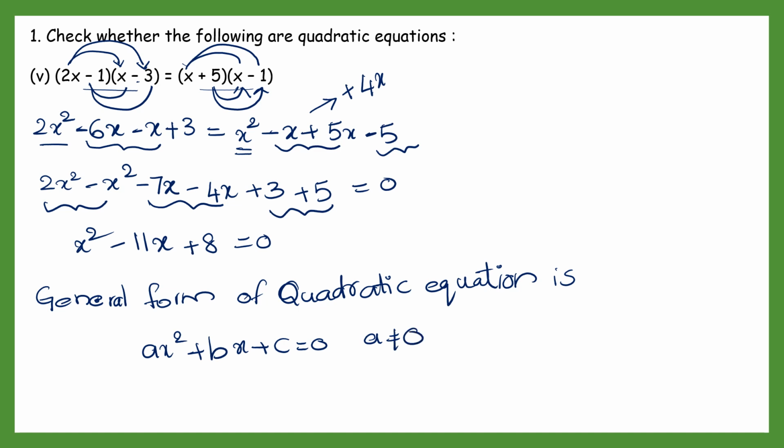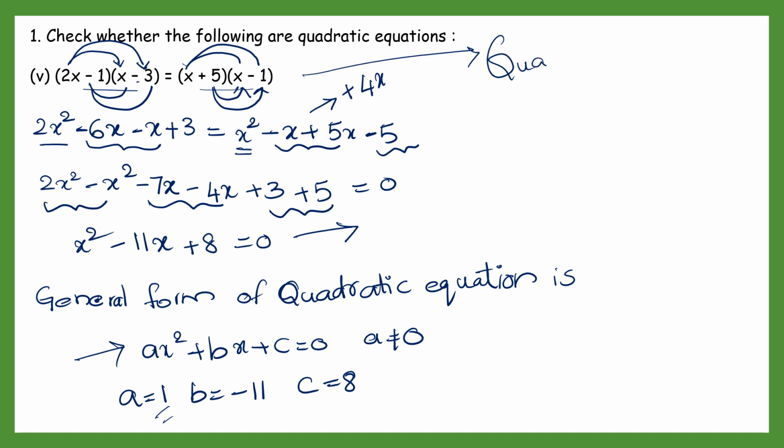This is the condition. If you compare our result with this general form, you get a is equal to 1, b is equal to minus 11, c is equal to 8. So, a is not equal to 0 in the result also. So, the given equation is a quadratic equation.